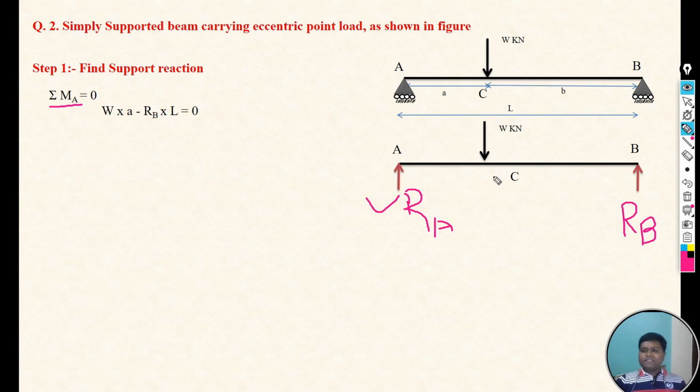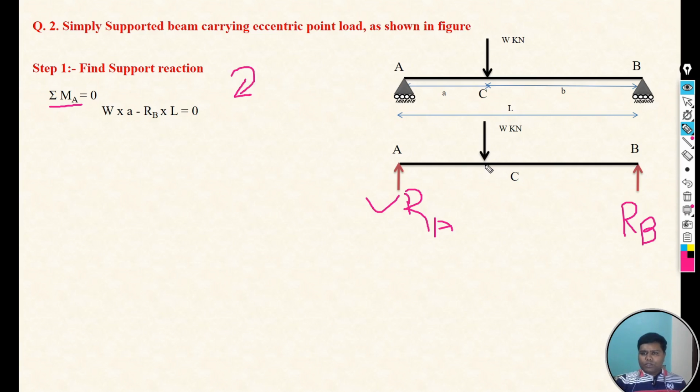Now take the moment of W and then of RB. While applying equilibrium conditions we can use any sign convention, such as clockwise positive and anti-clockwise negative. Here we will consider clockwise moment as positive.